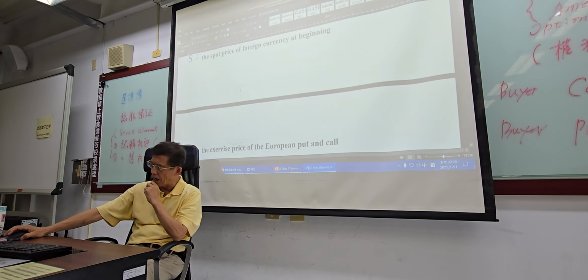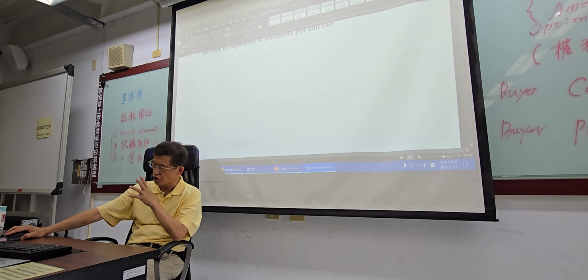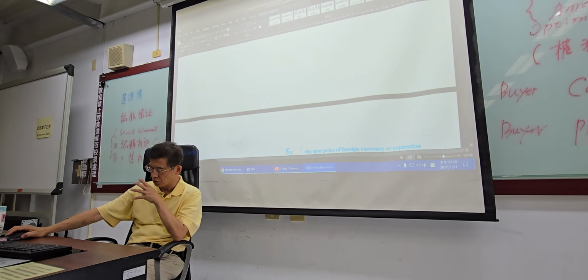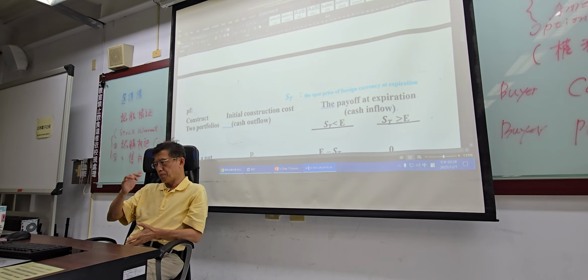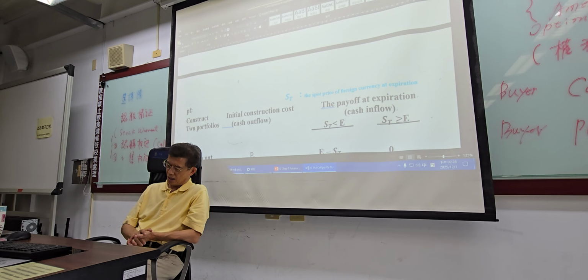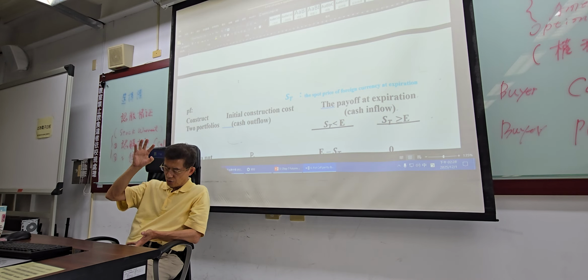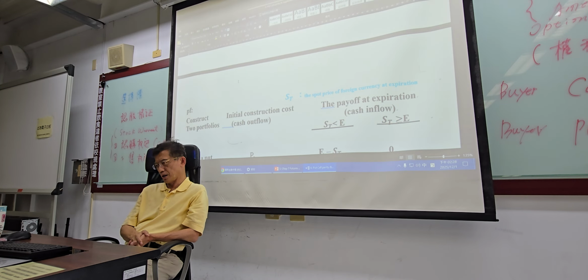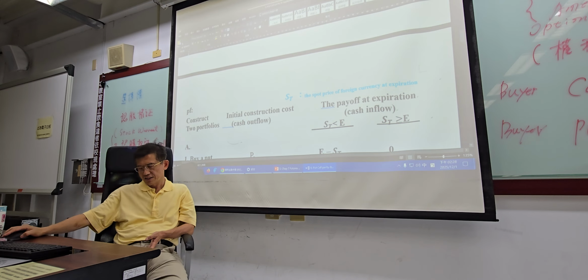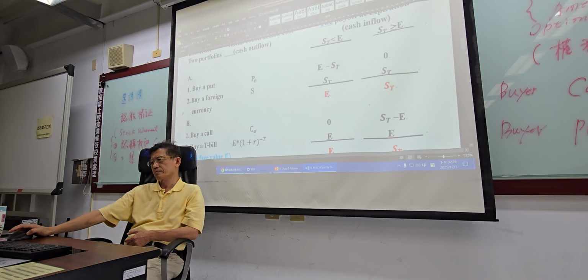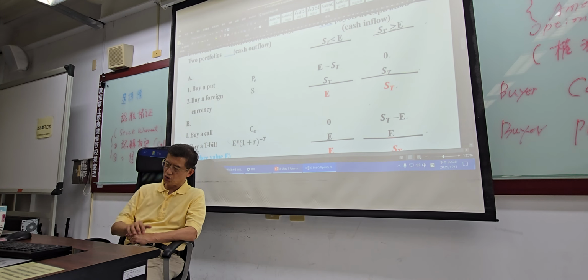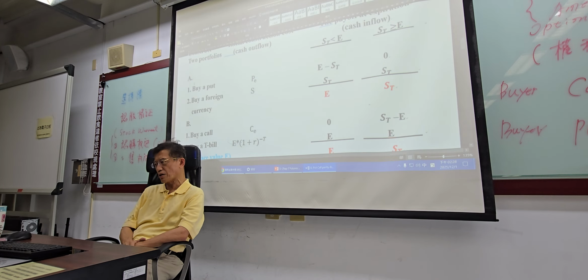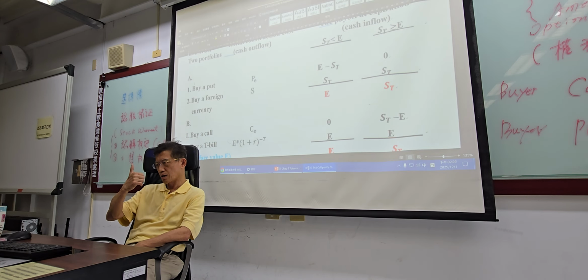So let's check how to do the proof. Okay, our proof process will rely on construction. We construct two portfolios, portfolio A and portfolio B. Portfolio A will include two types of transactions. Number one, buying a put.